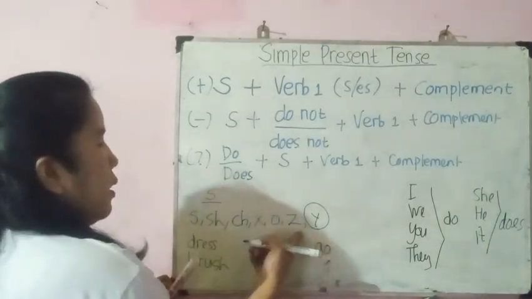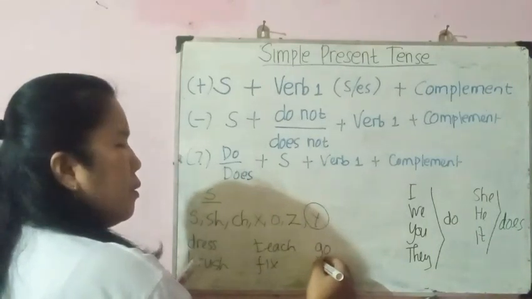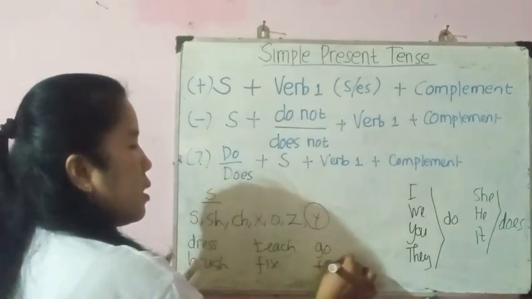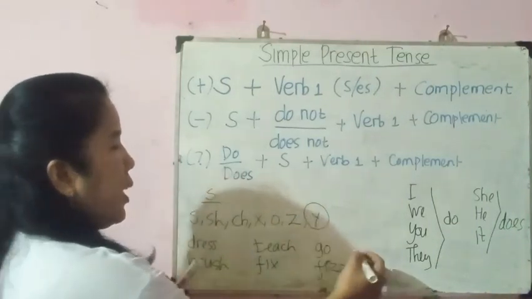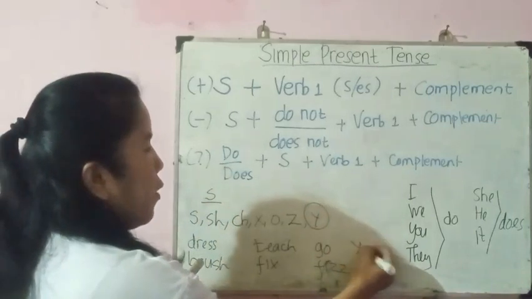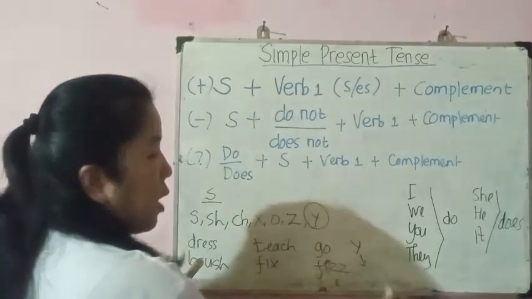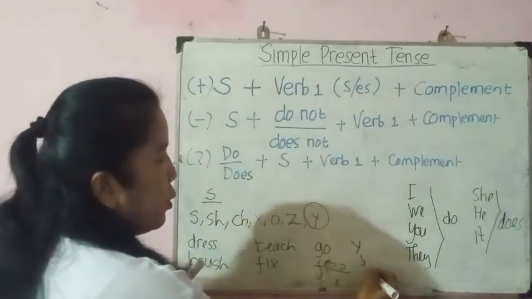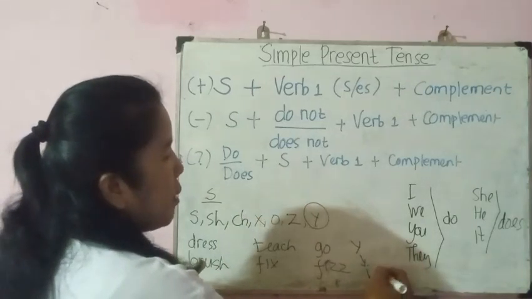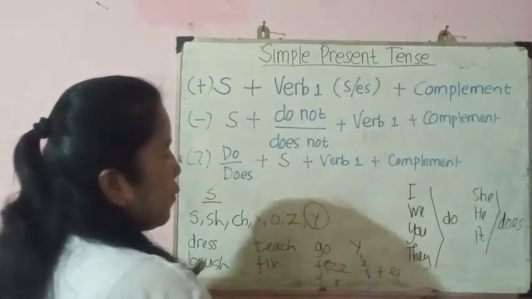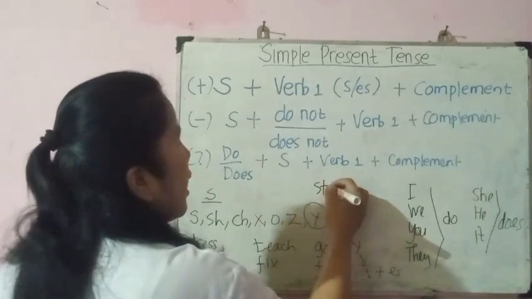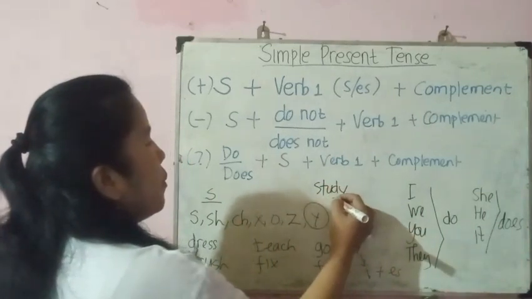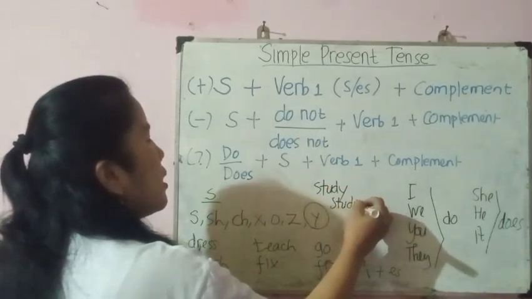Ending Z, we use this. And Y, we change Y to I and add es. For example, study becomes studies.